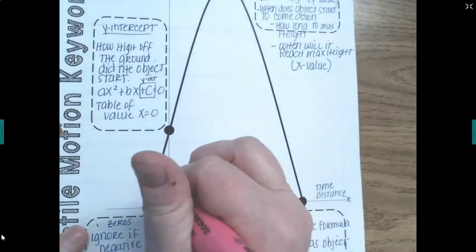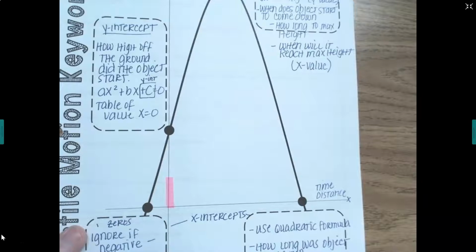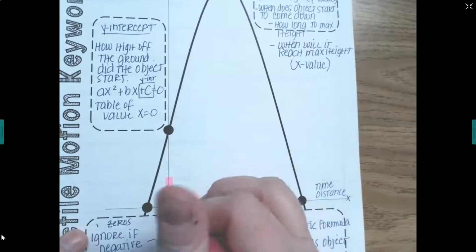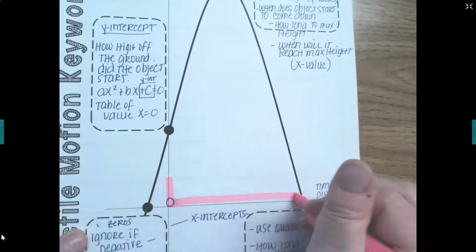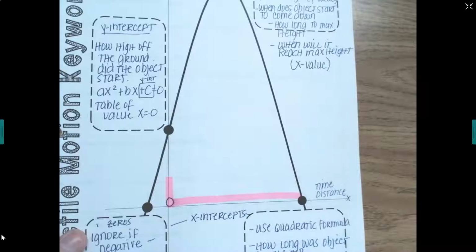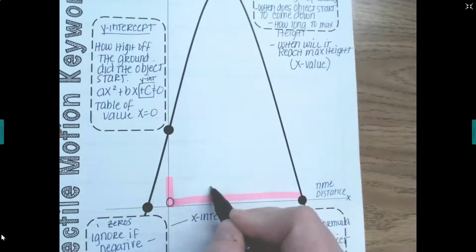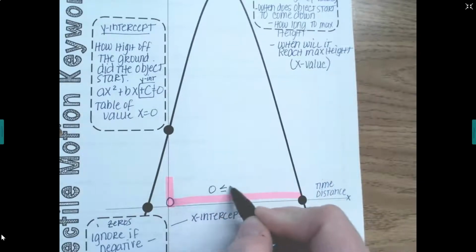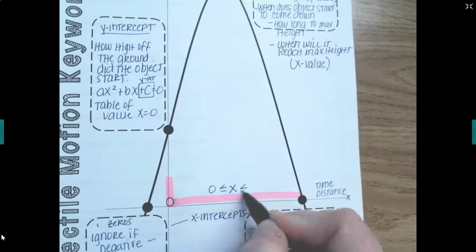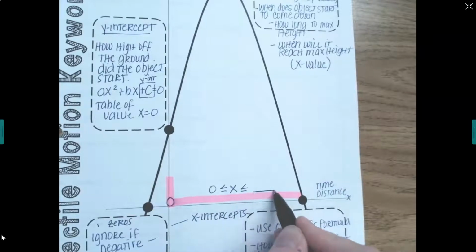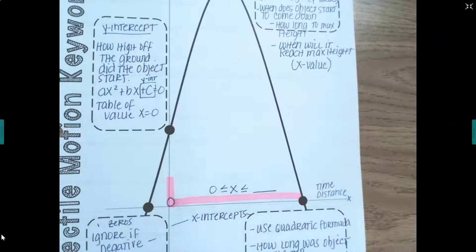So your domain would be from the origin, from where x is 0, out to your x-intercept. Whatever this x value is, we'll have 0 is less than or equal to x, which is less than or equal to whatever the x value is for your x-intercept.